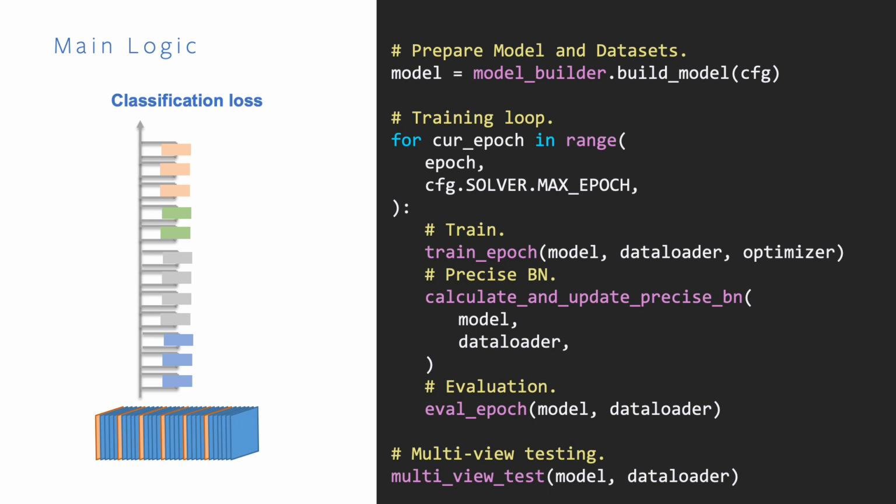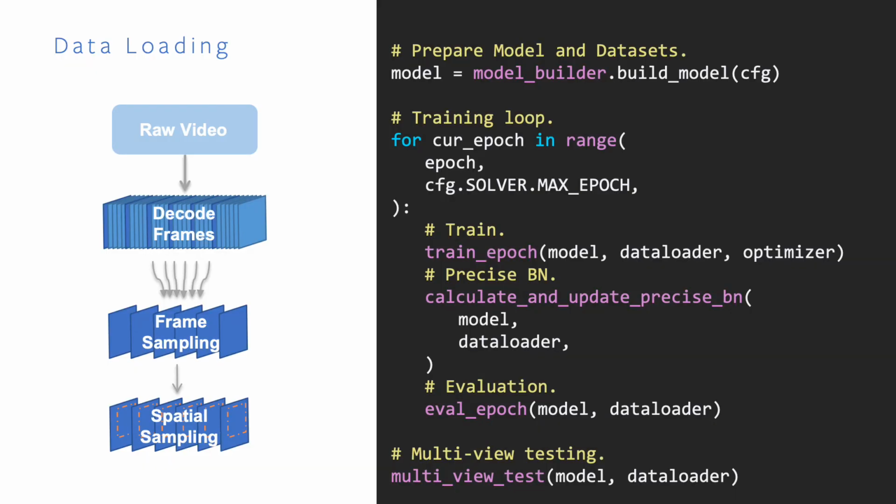And then the next thing is to prepare the input. The video data loading is generally one of the most complicated and sometimes even confusing parts in many different video-related codebases. The good news is, in the PySlowFast codebase, we have already carefully taken care of that, so you don't really have to do much.